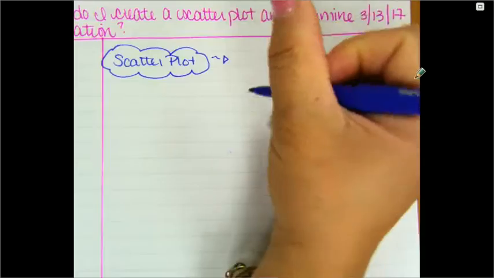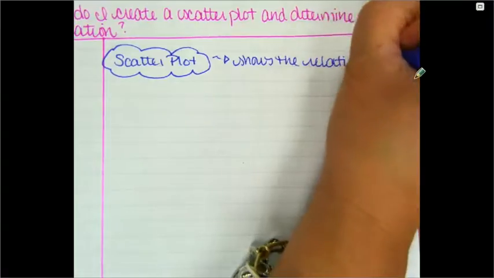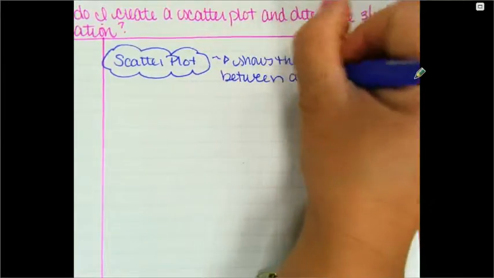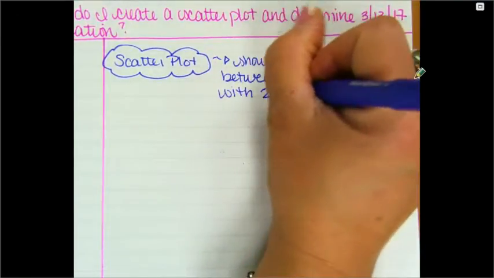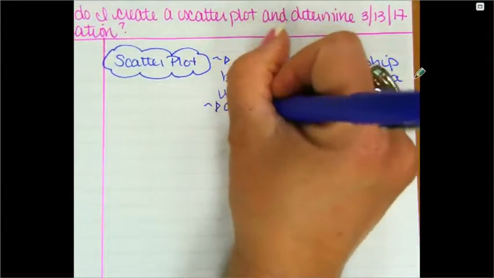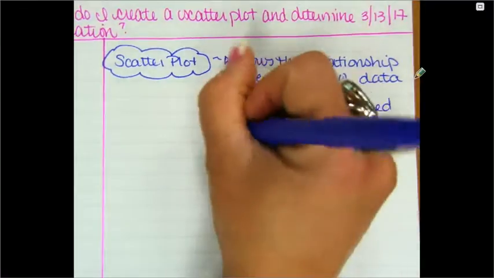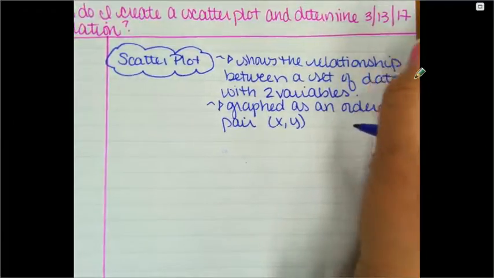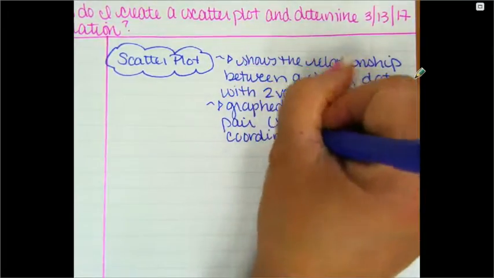A scatterplot shows the relationship between a set of data with two variables, graphed as an ordered pair, (x, y), on the coordinate plane.